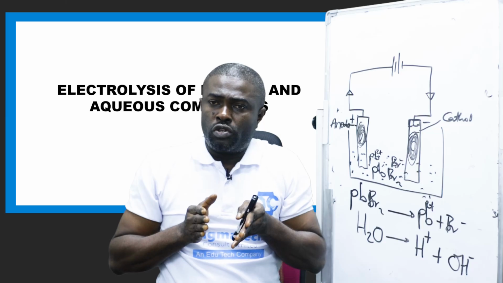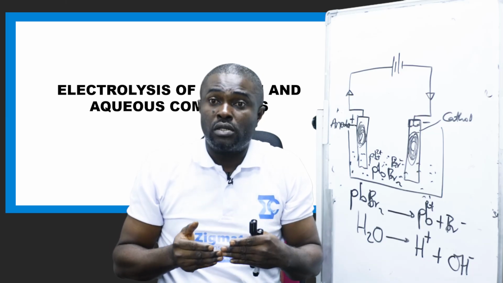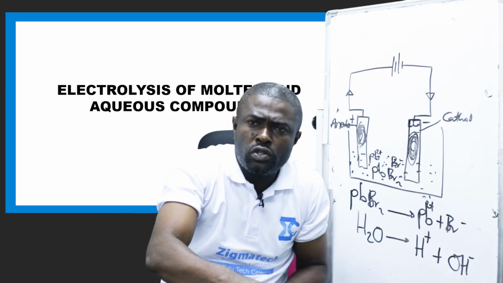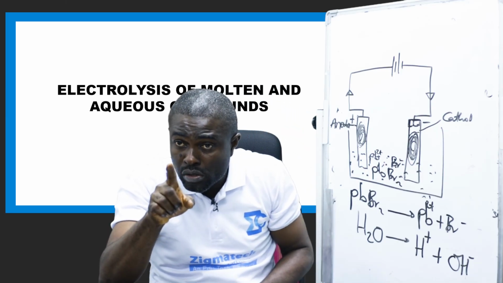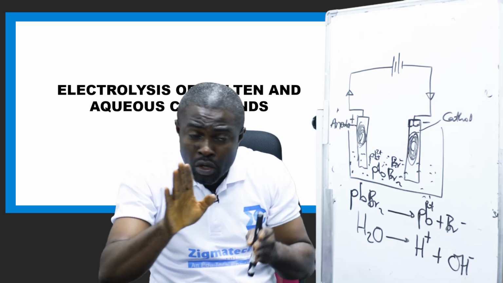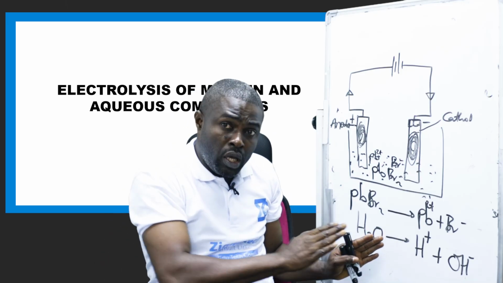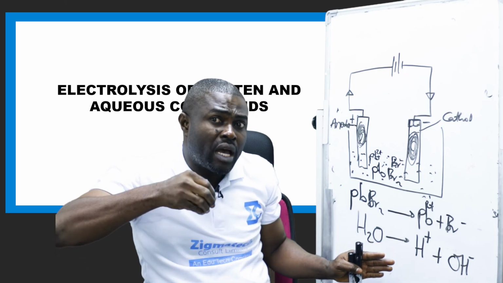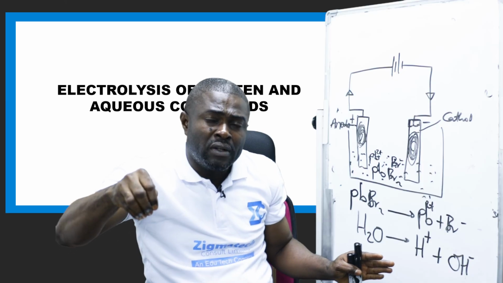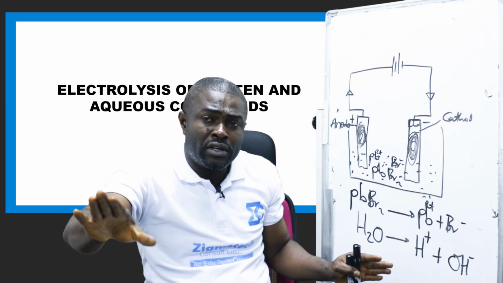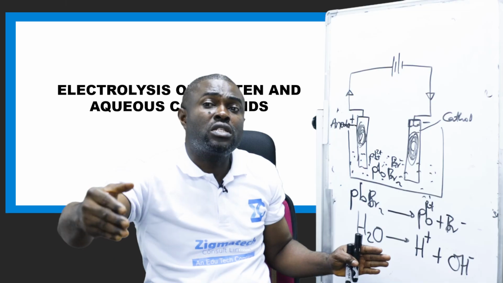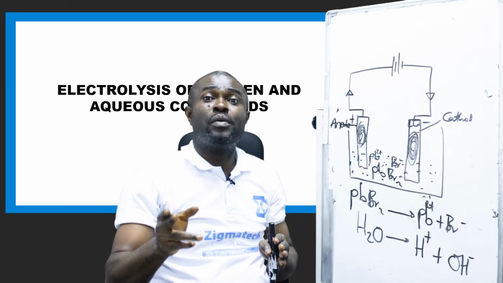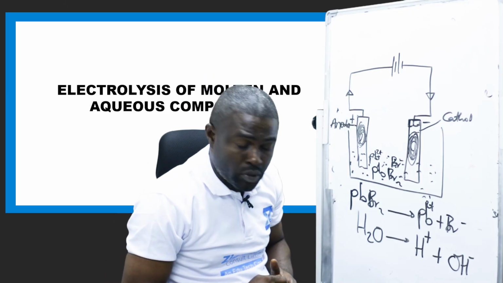Now, during electrolysis, when current starts passing through, which of these ions inside will go to the electrodes? That is the question. Understand it at this point, because the next time I'll be talking about this, we shall be discussing factors that affect the discharge of ions, after which we move to Faraday's first law and second law, and finally the application of this topic.